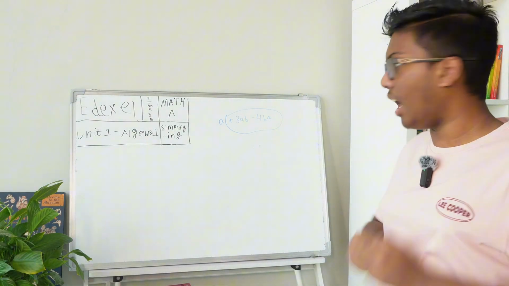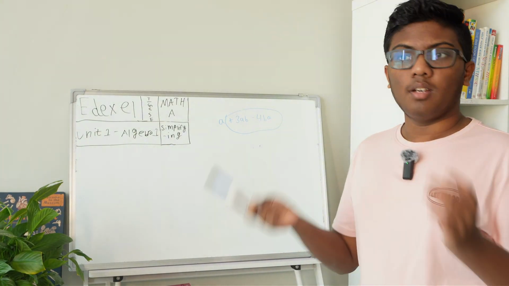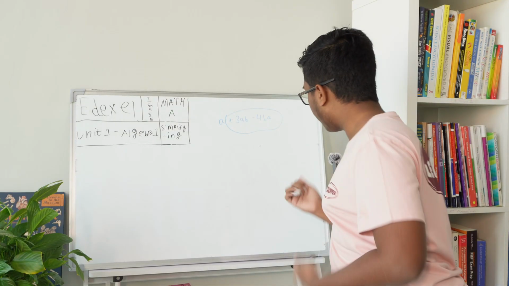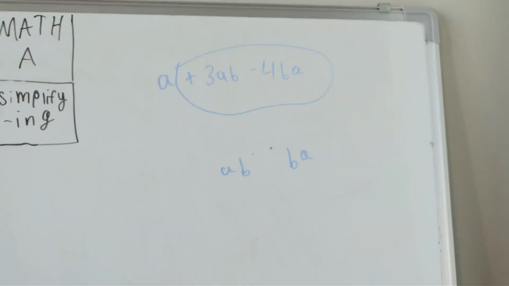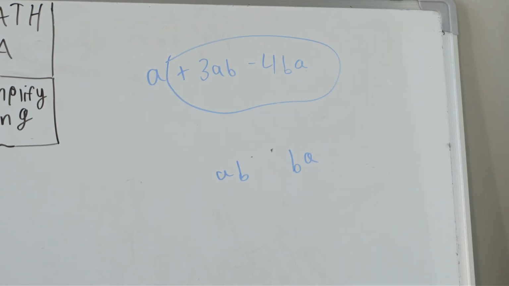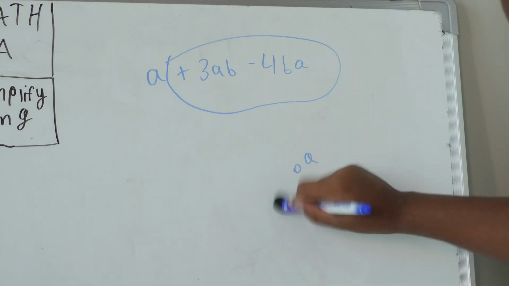So in this case, these two are like. How, you may ask? How are AB and BA like? Well, here's the thing. AB and BA are basically the exact same thing, because if you multiply one value with another, you get the same value as multiplying the other value with the first value. For example, if I multiply 3 by 5, I get 15.